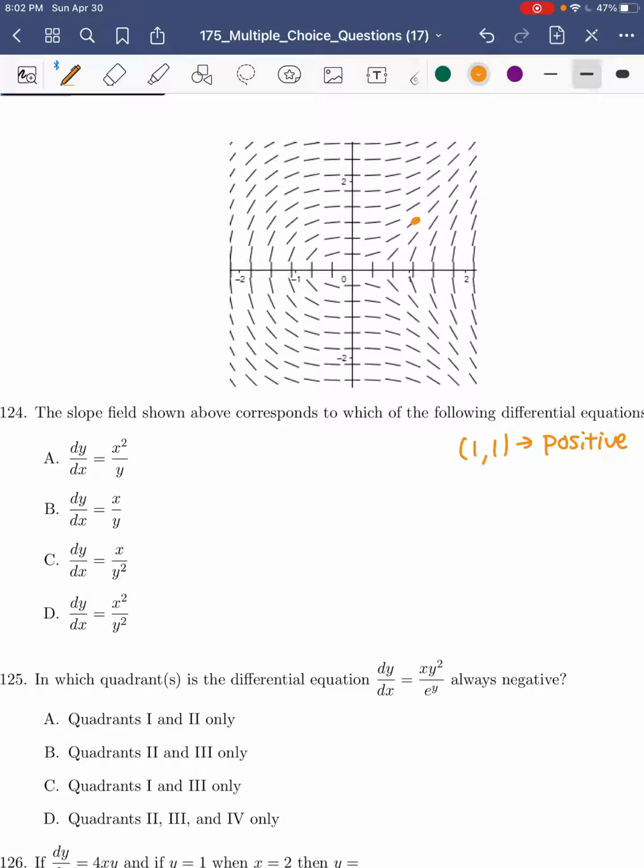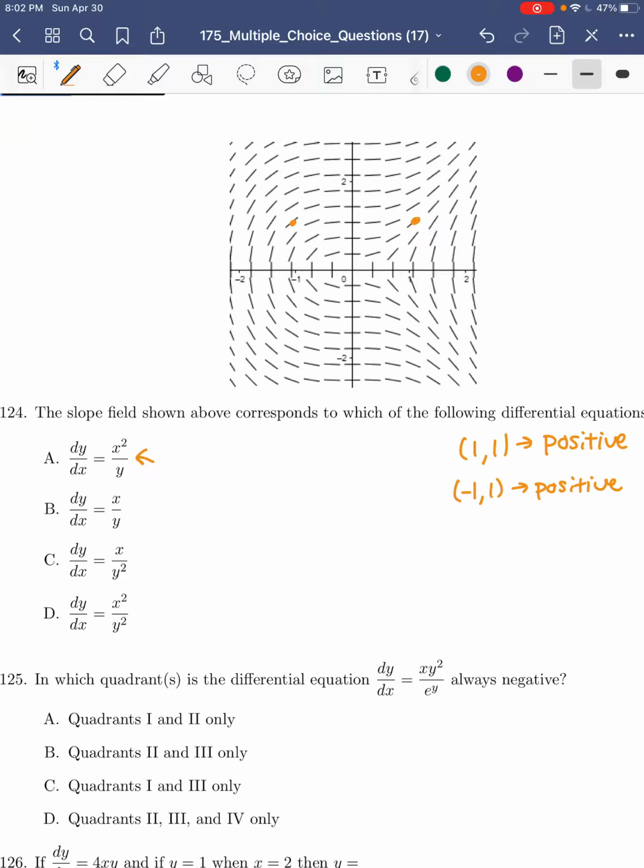Now if I look at negative 1, 1, it's still a positive slope. So now let's check. If I plugged in negative 1, 1 to A, the x is squared, so it would be positive. That one works.